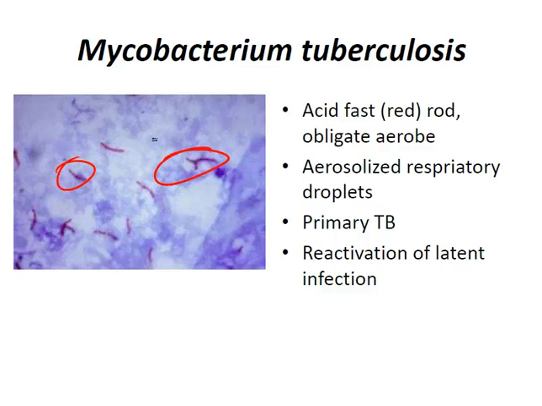TB is transmitted via aerosol respiratory droplets. It's asymptomatic, and latent infection is most common.